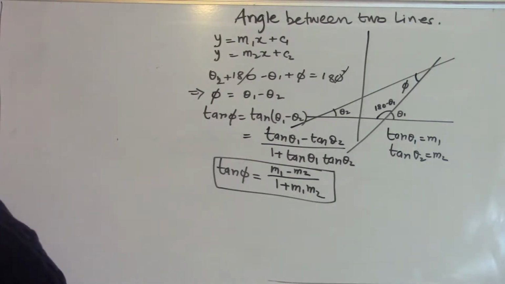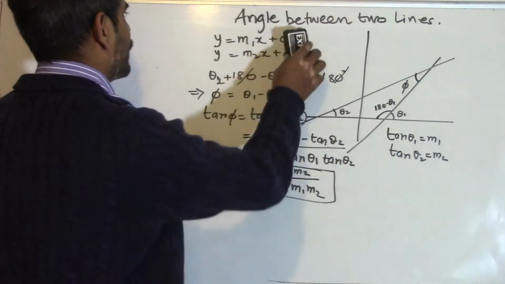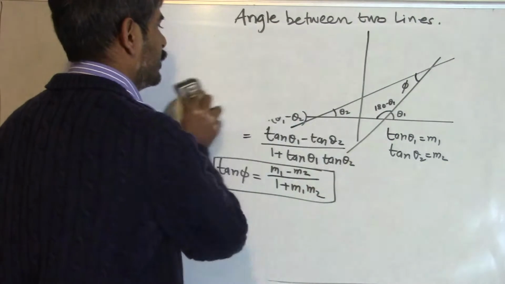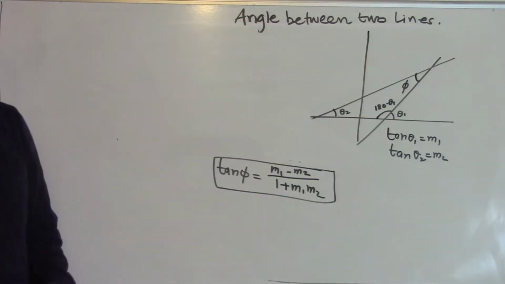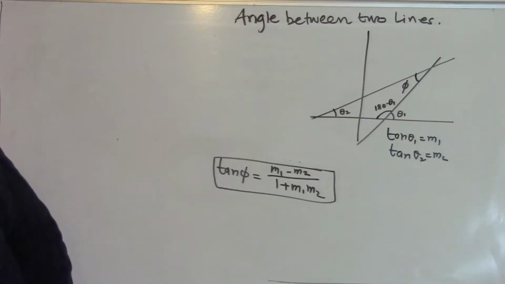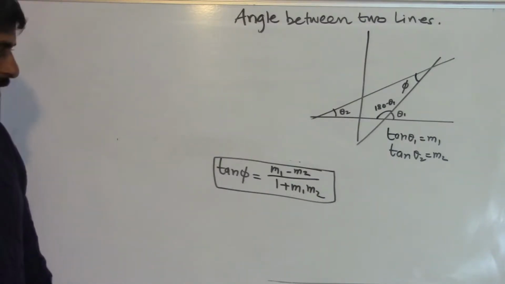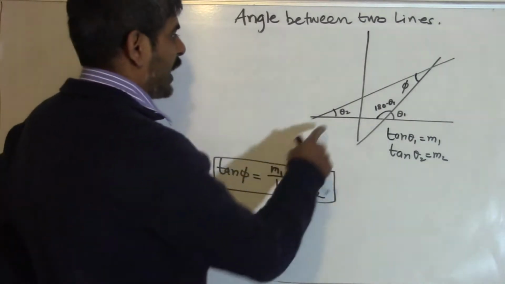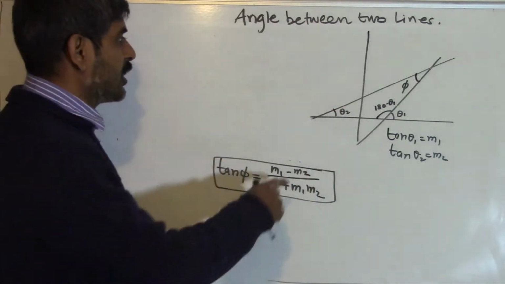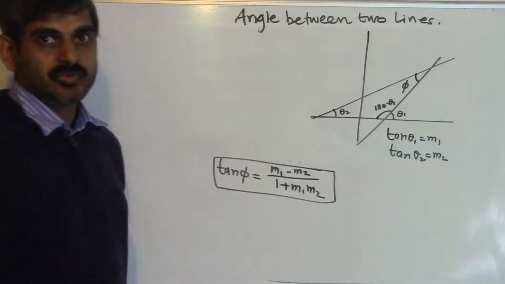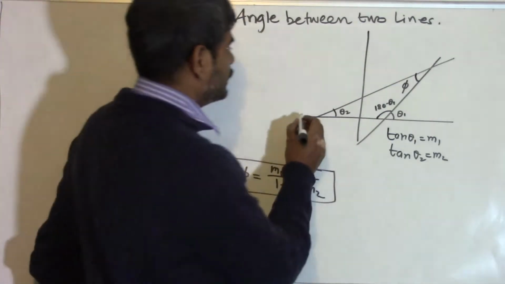As an example, let's say we are given two straight lines, one of them x minus y root 3 is equal to 5. You should note that the angle between these two lines does not depend upon c1 and c2, these constants. What does that mean?